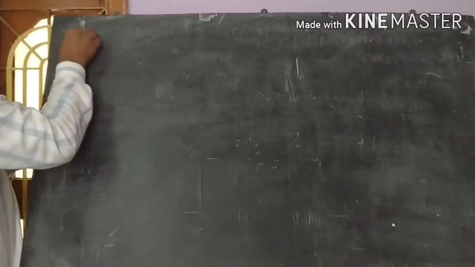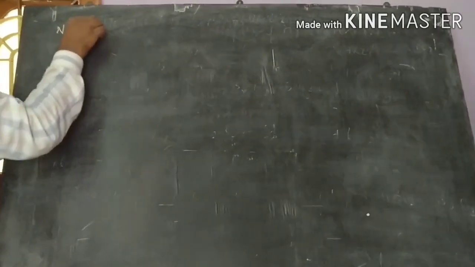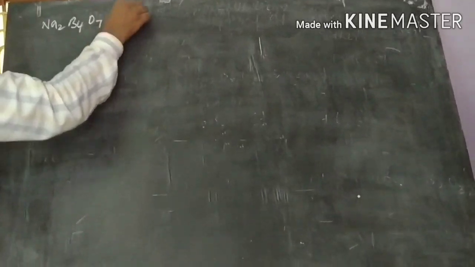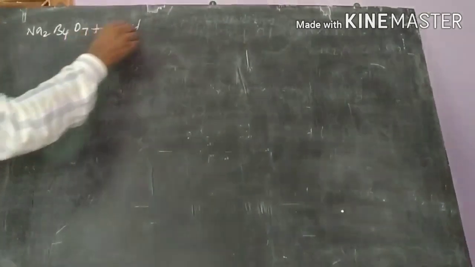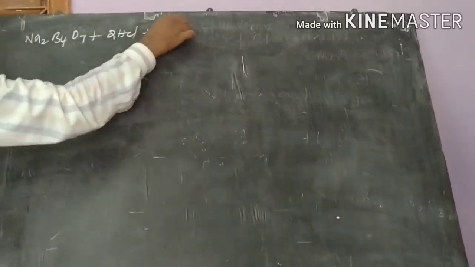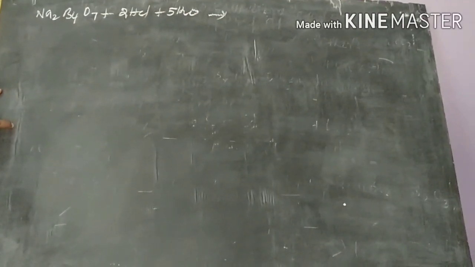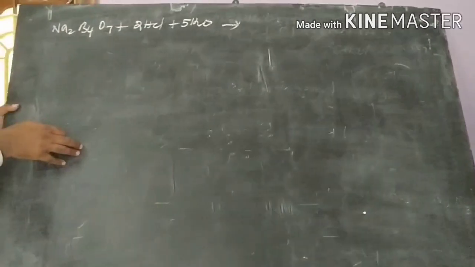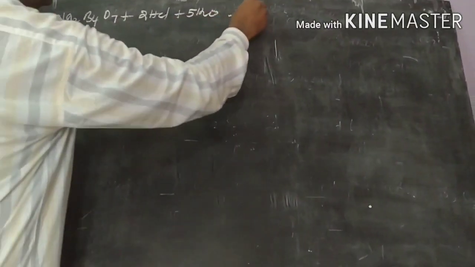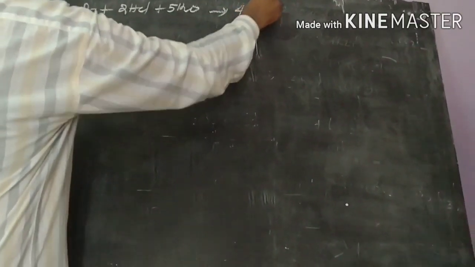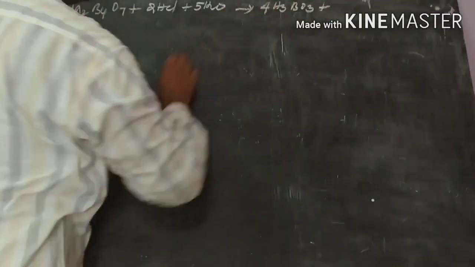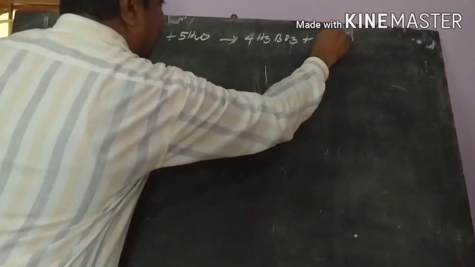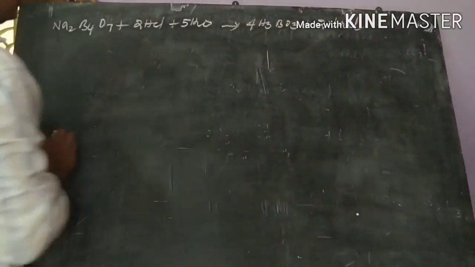Na2B4O7 reacts with hydrochloric acid plus 5 moles of water to give 4 moles of boric acid, H3BO3, and 2 moles of sodium chloride.